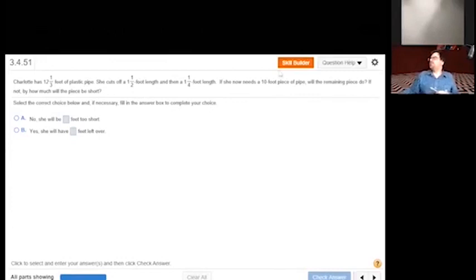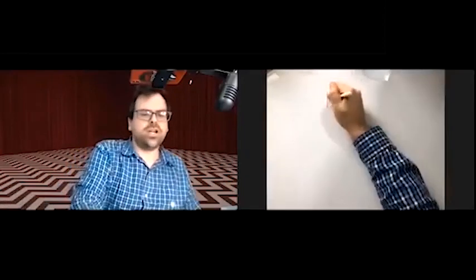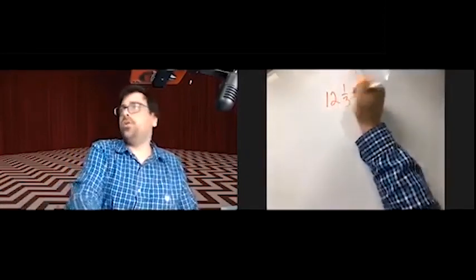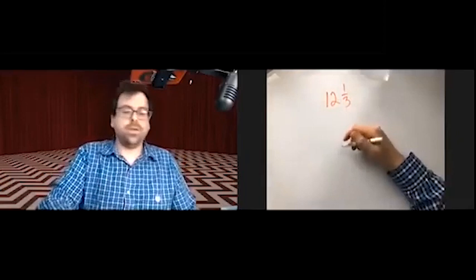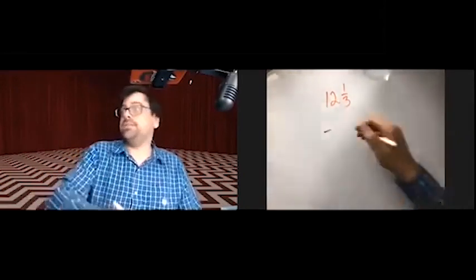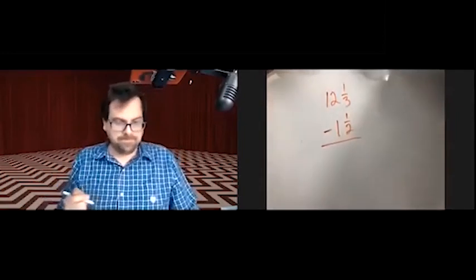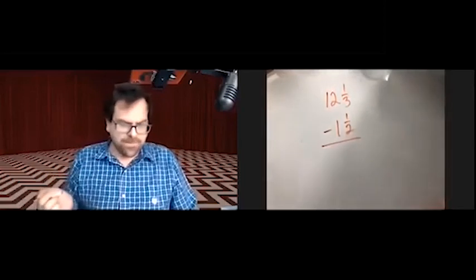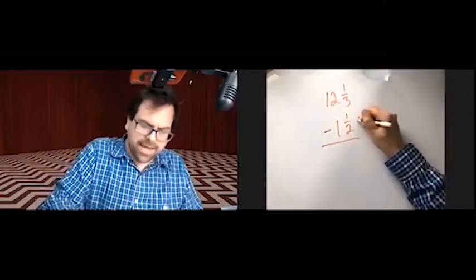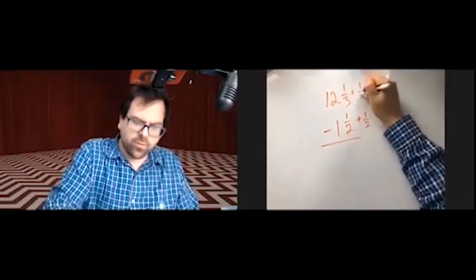So this is multiple subtraction and then answering a question. She's starting with 12 1/3 feet, and she cuts off, she subtracts 1.5 feet. How much does she have left at that point? Well, I'm going to add a half to both. You know, different ways to do this if you want.